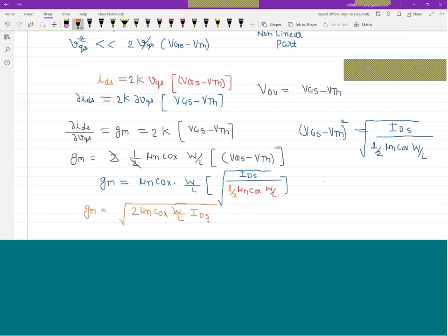So this can be the expression of transconductance.